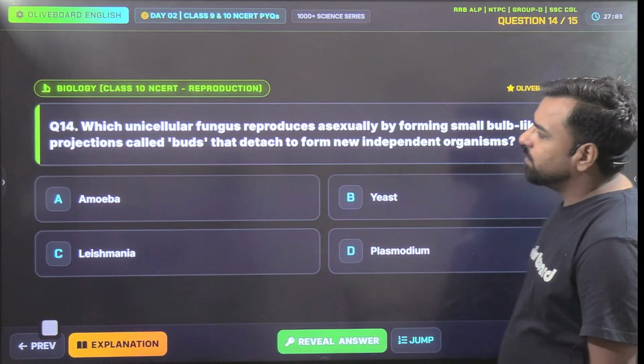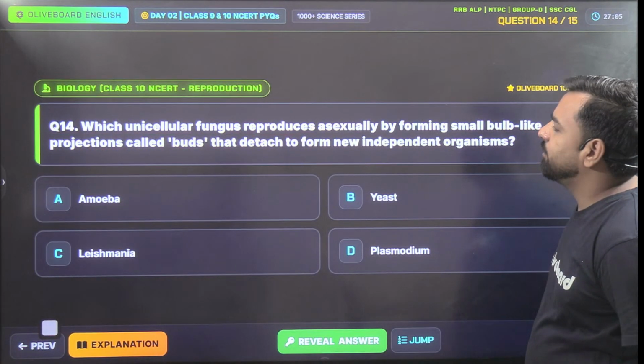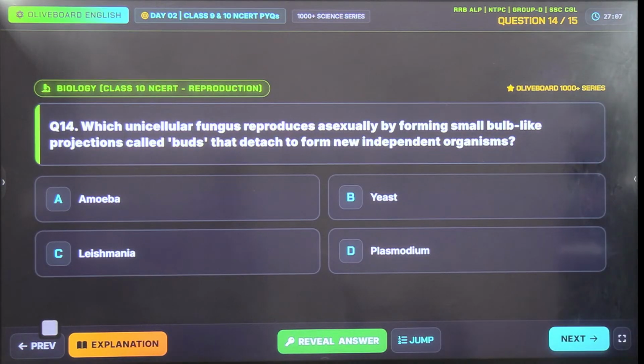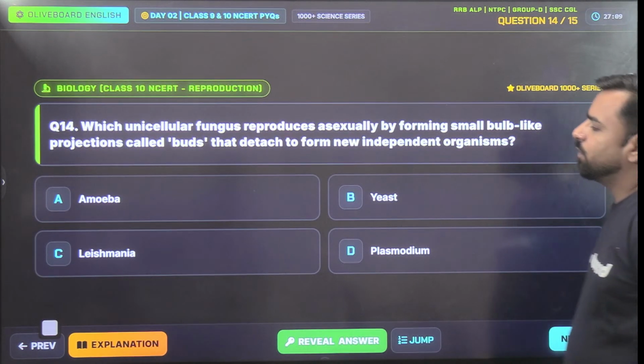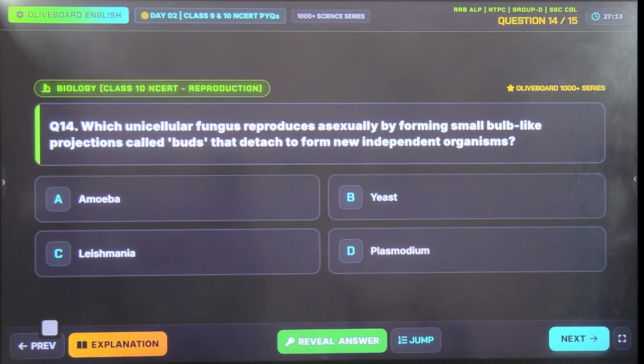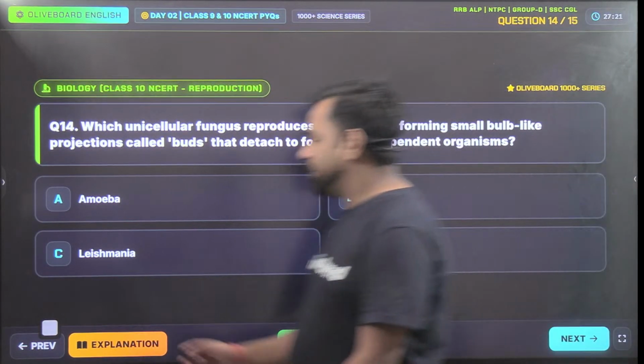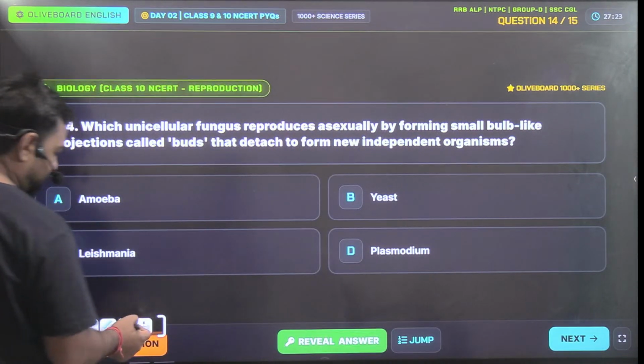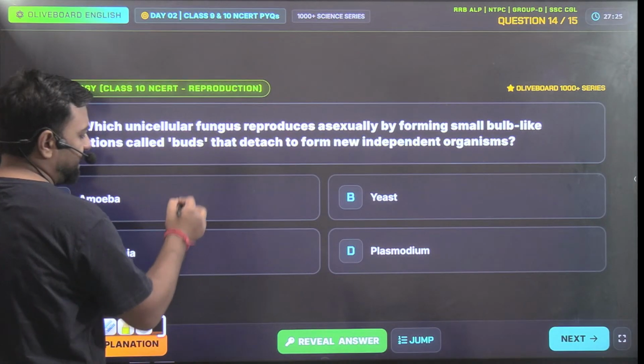The next one is, which unicellular fungus reproduces asexually by forming small bulb-like projections, which are called buds, that detach to form new independent organisms, and this process is known as budding. So what do you think should be the correct answer? Let me explain what this is. This process also takes place in the hydra.